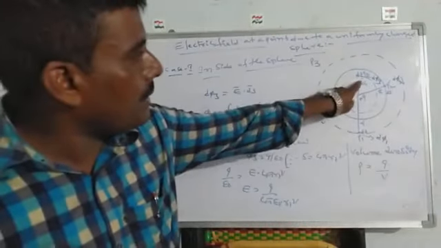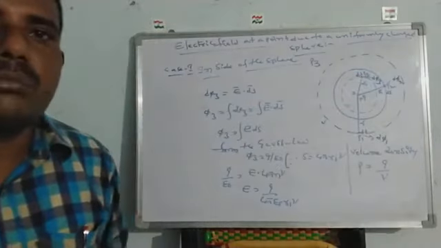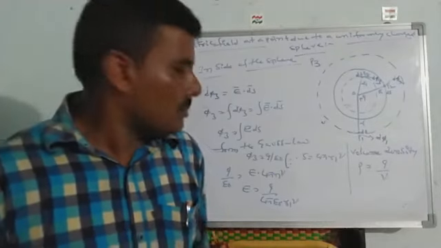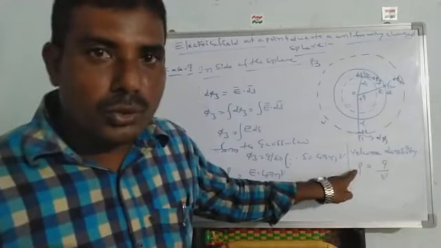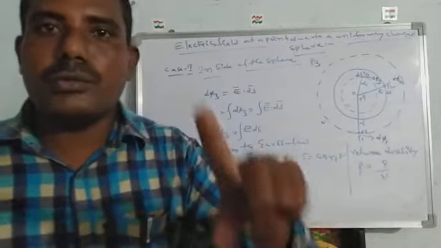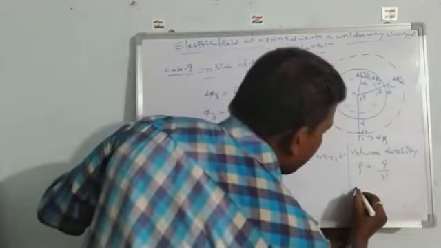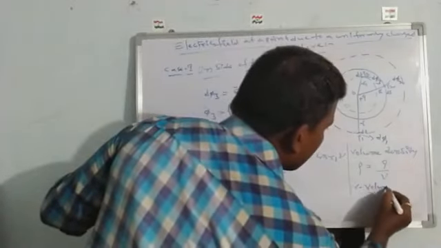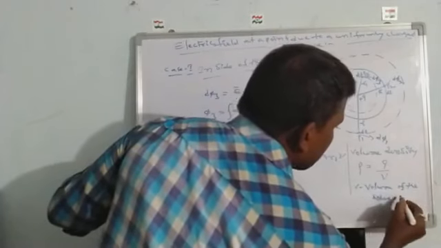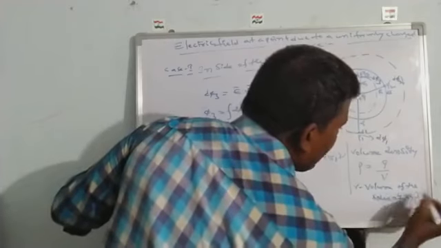V is the volume of the sphere, which is 4/3 pi r1 cube.